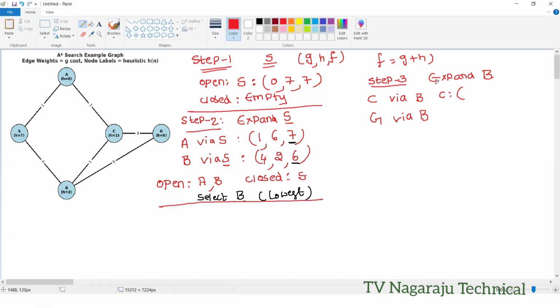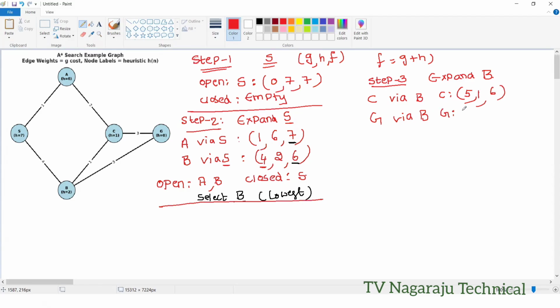The cost from S to C. S to C via B means up to B the cost is 4, and B to C the cost is 1. So 4 plus 1, the cost is 5, and the heuristic value is equal to 1, and 5 plus 1 is 6.